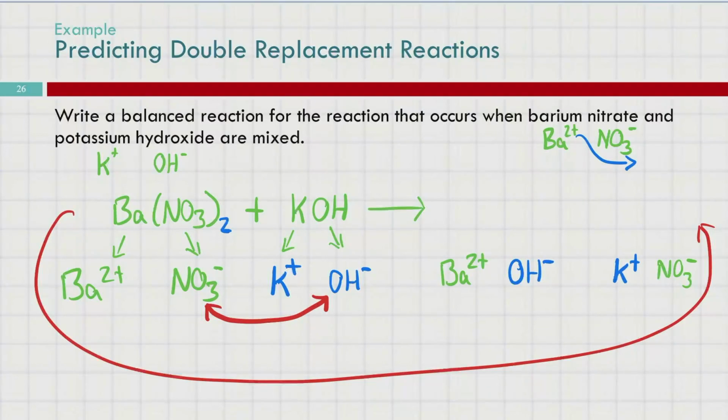To see how we recombine, we crisscross. Again, we only have one to crisscross here. It's the barium hydroxide.